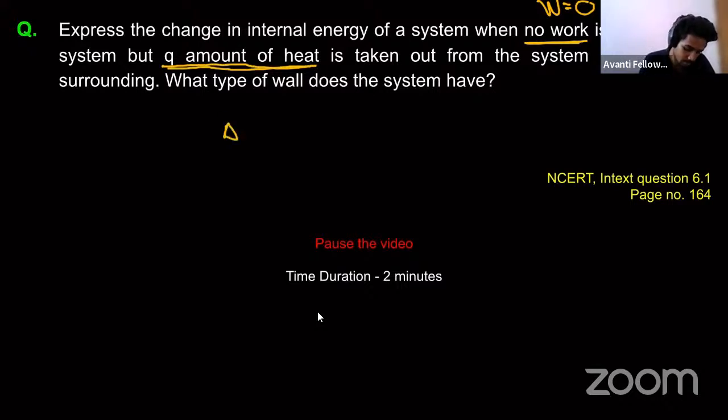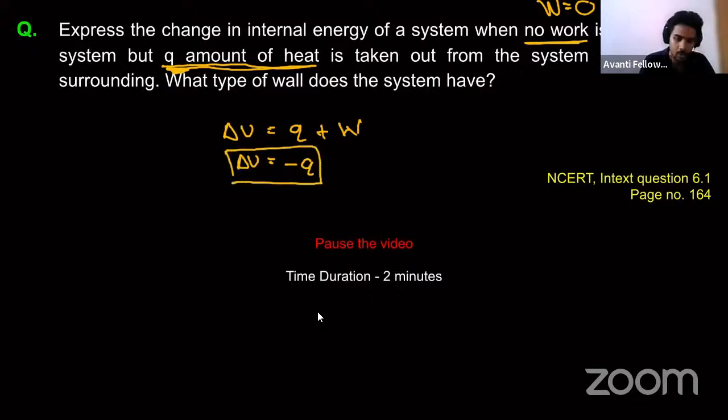He's saying that work is not done on the system. What does that mean? That means W is equal to 0. Internal energy is nothing but Q plus W. Since W is 0, the Q amount of heat is being taken out of the system, which means heat is emitted by the system. So what do we need to write? Minus Q. Remember that sign convention? Delta U, the change in internal energy, is equal to minus Q.